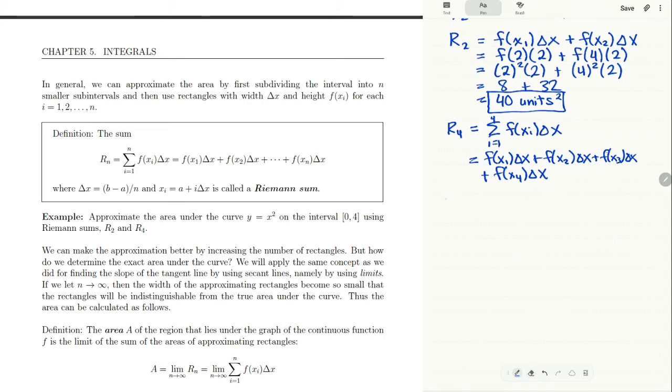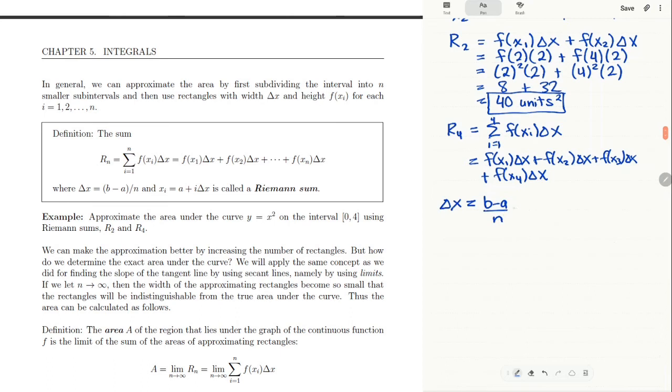So let's first determine the width of each of these rectangles. Delta x is b minus a over n. Here we're using 4 rectangles, so n is 4. So delta x is 4 minus 0 over 4, which is 1. And then let's also determine the formula for the x-coordinates. xi is given by a plus i times delta x.